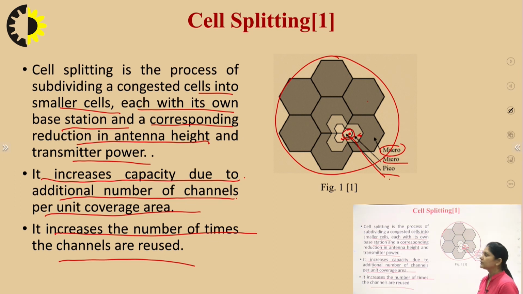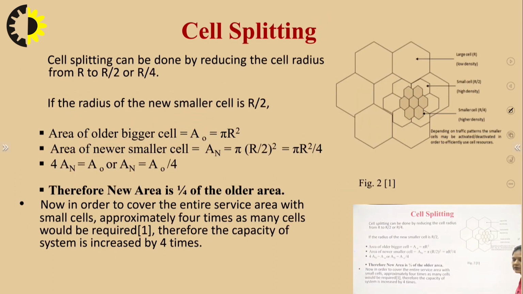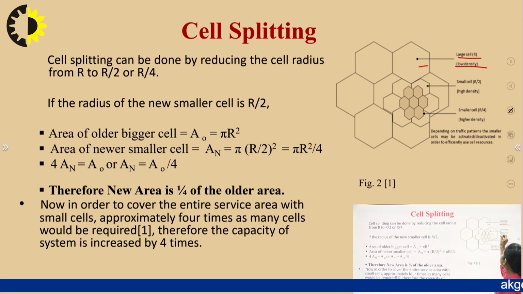Now, we will see this with the help of an example. In this diagram, this is the larger cell that is used for low density, so as to provide services to low density. This is a smaller cell. We have decreased the radius of the cell by r by 2. Earlier the radius was r; now the radius is r by 2.